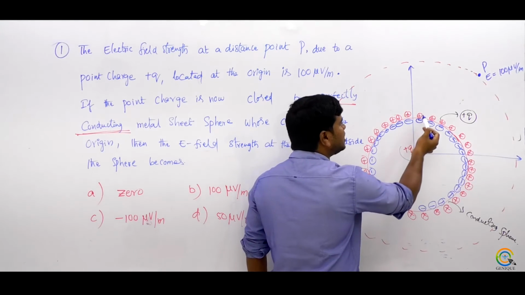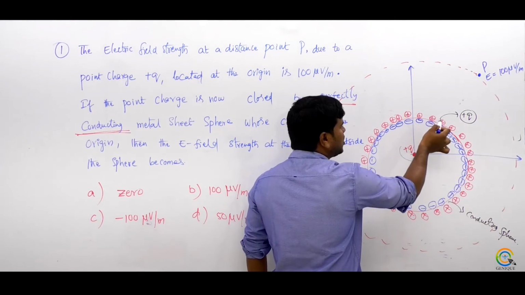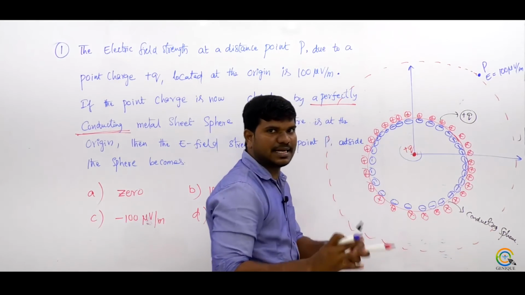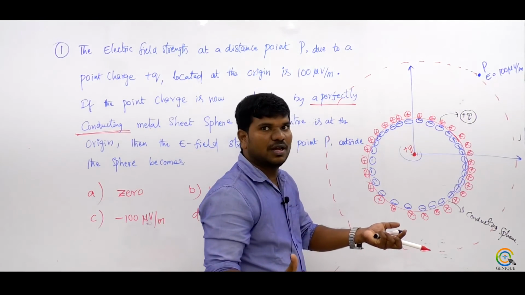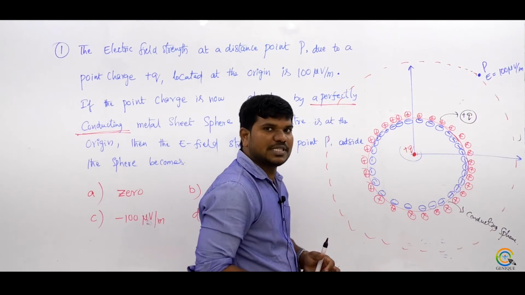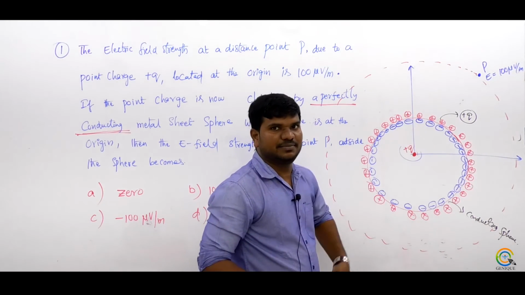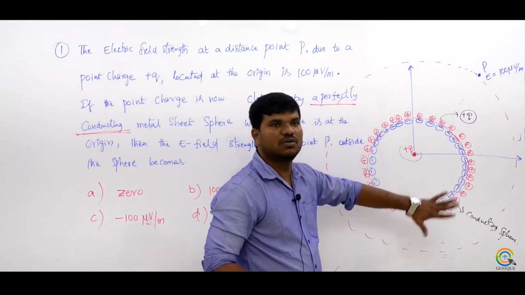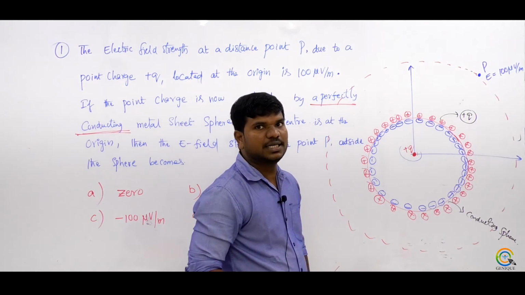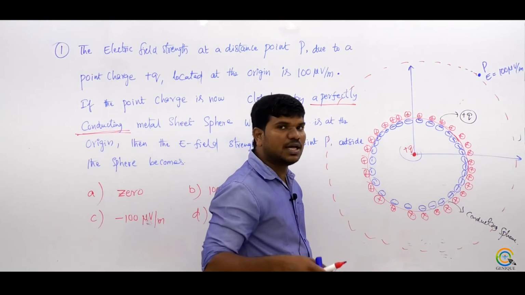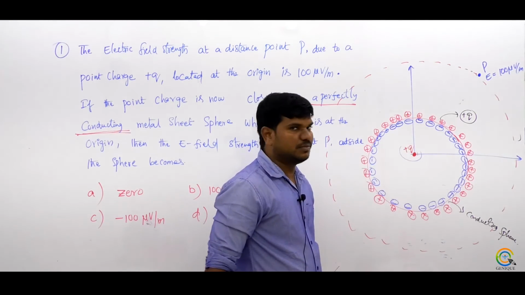Or you can also cancel this positive charge and negative charge, and they will cancel. The resultant charge is 0. What I am trying to say is that the net charge accumulated on a conducting sphere will be 0.